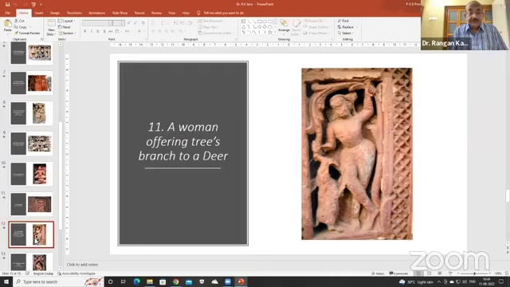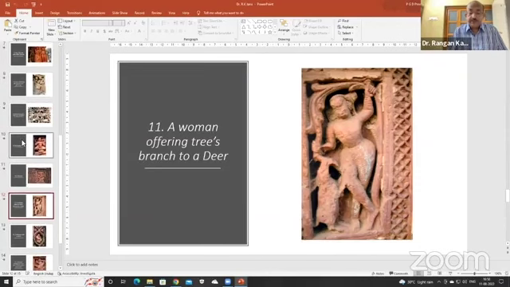The depiction of the figure is well proportioned and full of body balance. She is cross-legged. In the cross-legged posture, the position of hands as depicted by the artisan shows the force she applied to bend down the tree branch towards the animal, which is unique.